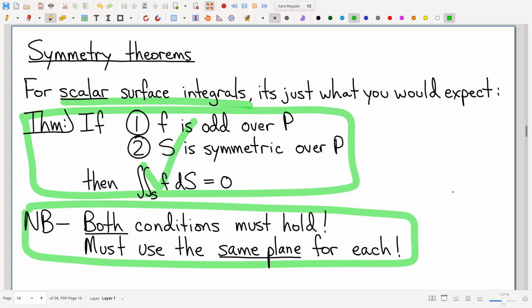You need both conditions to hold: same plane of symmetry for both the integrand and the domain. It's just like every other odd symmetry theorem that we've seen. So I'm going to call this just purely good news. It's exactly what you would hope. And I'll remind you, big fan. I encourage you to use odd symmetry theorems when they come up, because it saves a bunch of trouble.